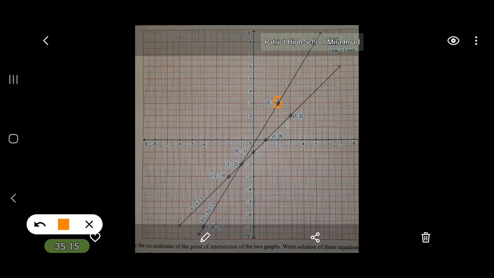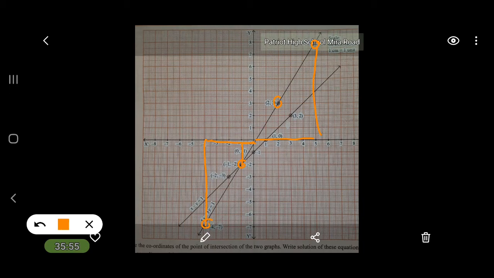This is the first point for equation 5x minus 3y is equal to 1. The second point is (5, 8), which is 5 in this direction and 8 in this direction, so you have (5, 8) over here. Then you have the third point, (minus 1, minus 2). And the fourth point is (minus 4, minus 7).